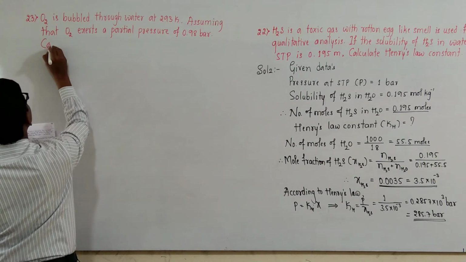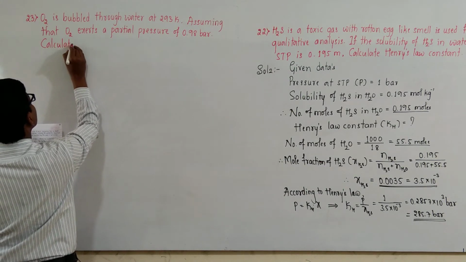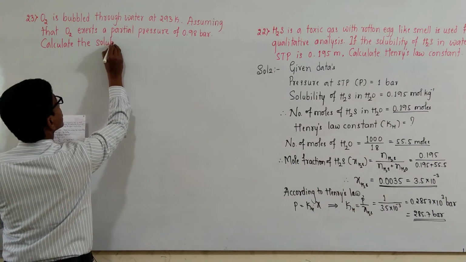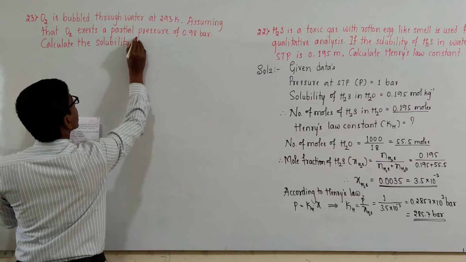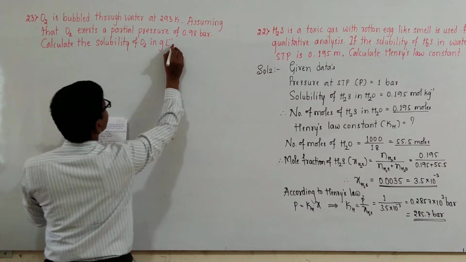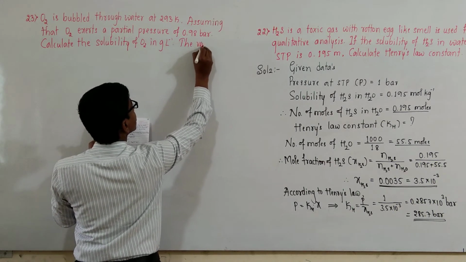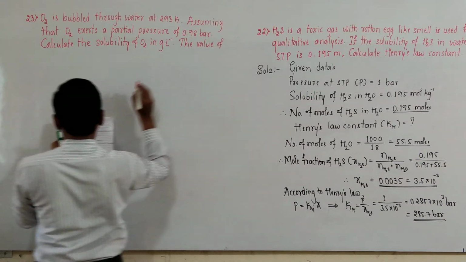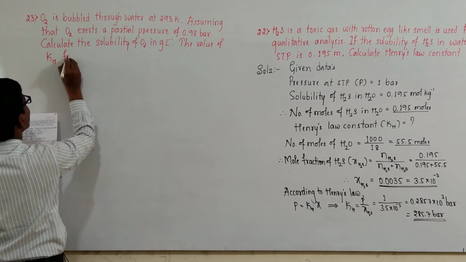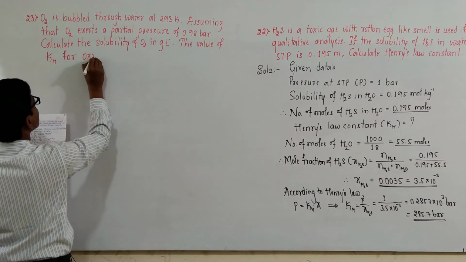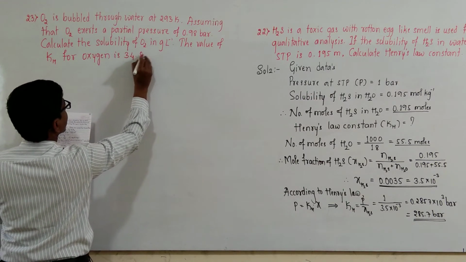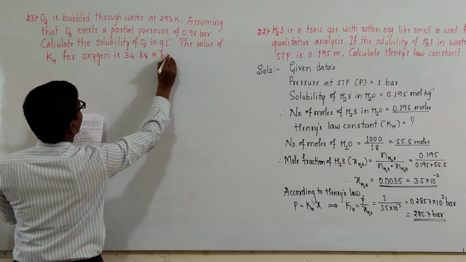Calculate the solubility of O2 in gram per liter. The value of Henry's law constant KH for oxygen is 34.84 kilobar.